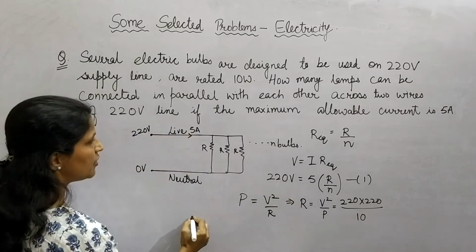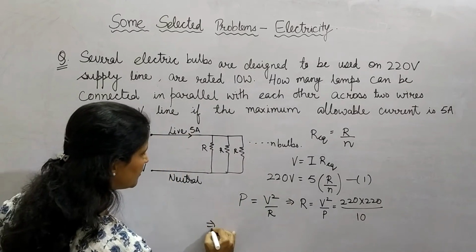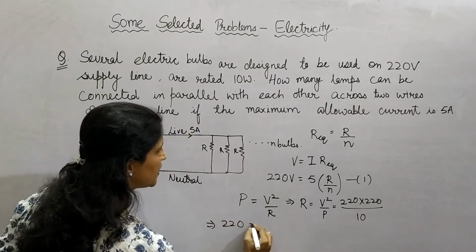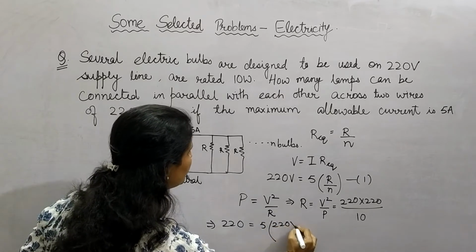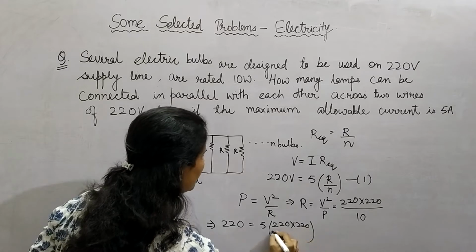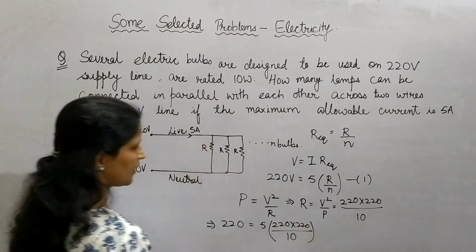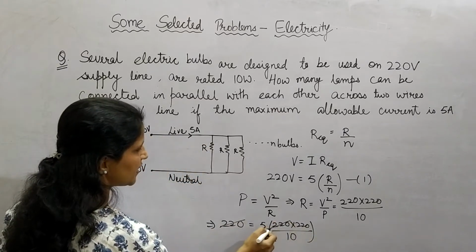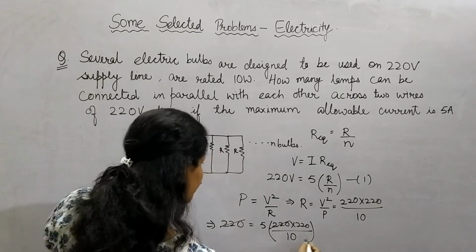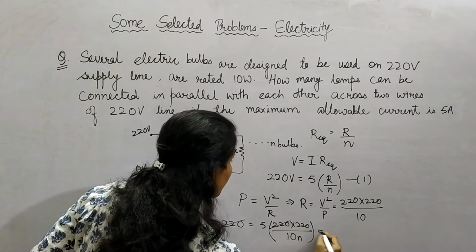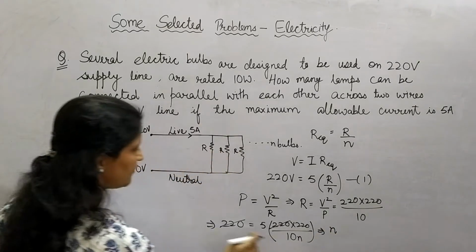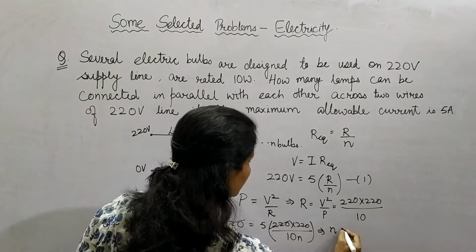So I put the value of R here. So I get 220 volt is equal to 5 multiplied by R, which is 220 multiplied by 220 upon 10, divided by n. We can easily cancel off certain terms and we get n, also there, 10n. We are required to find out the value of n. n will be shifted on this side.